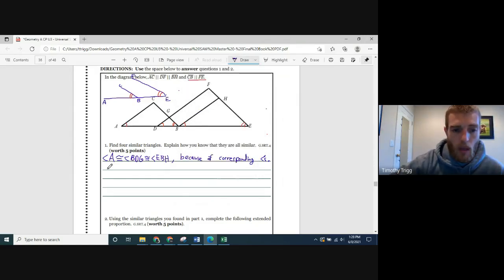So here we would say angle. Now, what would I name this angle right here, where I put the swooshes next to B? Can I just say angle B? Well, no, it looks like there's 3 different angle Bs, right? So how would I show that I'm talking about this angle specifically? I could say angle DBG, right? Or angle GBD.